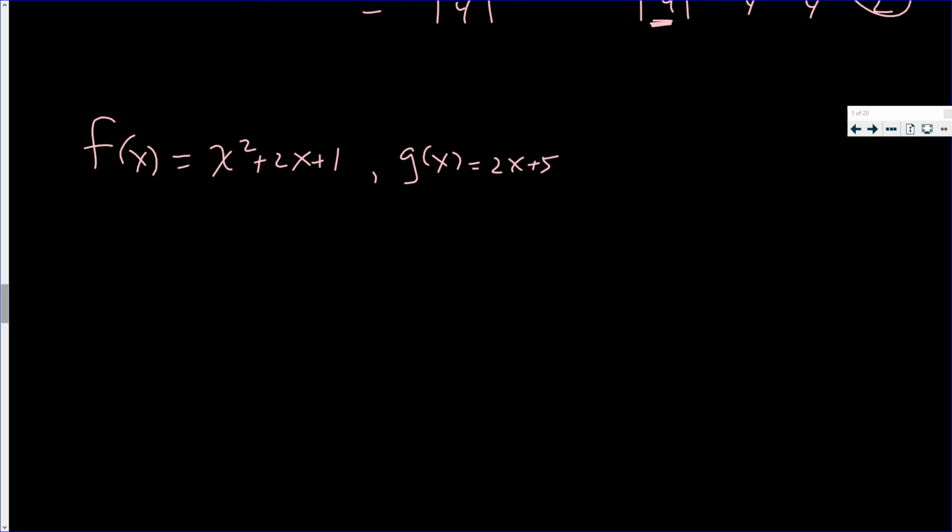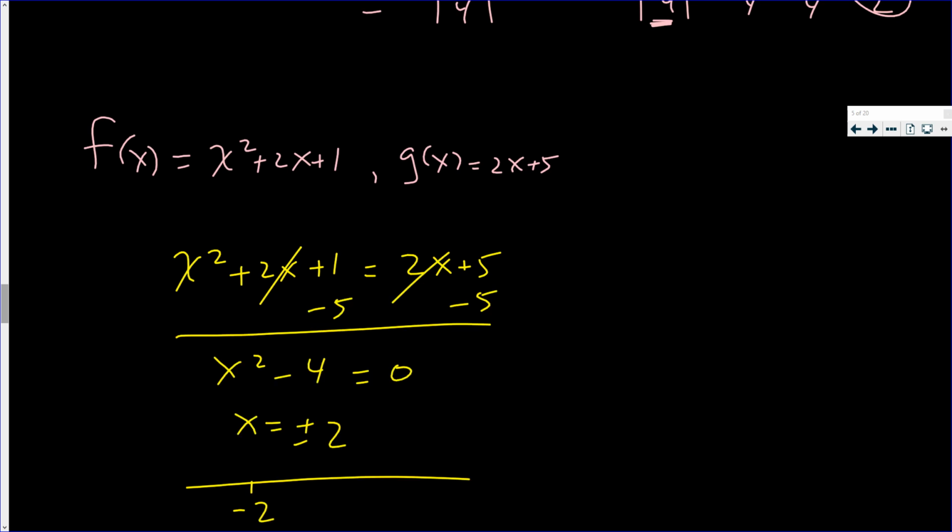That's f, that's g. First thing is we take away 2x from both sides. Subtract 5. And you have x squared minus 4 is 0. Say x is plus or minus 2. So you have minus 2 to plus 2. Okay?